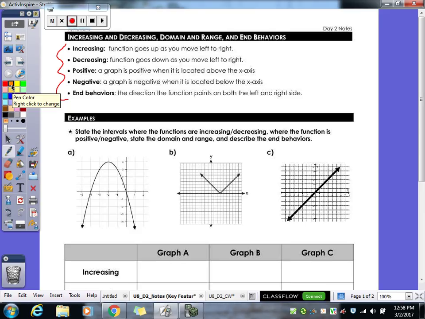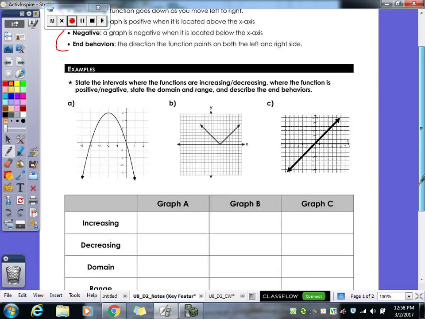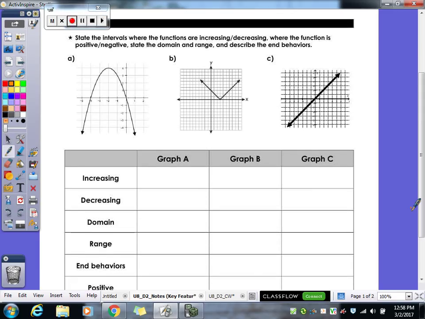So if you take a look at the pictures of the three graphs that I have given you here, these are three of the main graphs we need to know this year. Who remembers what kind of graph A is? Parabola. What's our other name for it too? Quadratic. So this is our quadratic graph. Does anybody know what graph B is called?